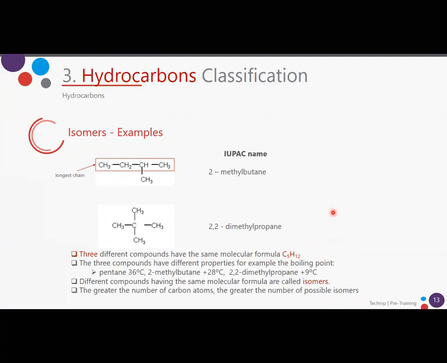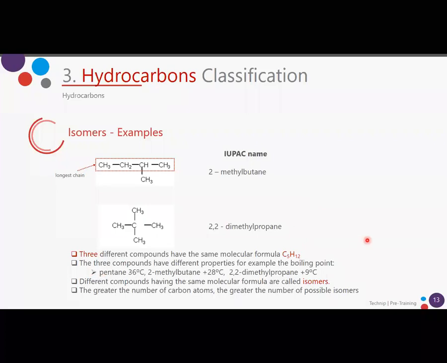It is very important to know that even if they have the same molecular formula, they have different properties, that we will see in the different processes of the refinery, the importance of this difference with the same formula of the hydrocarbons.